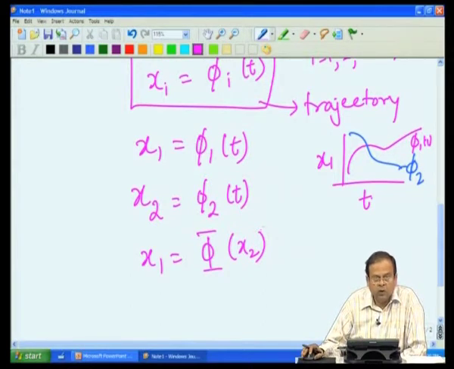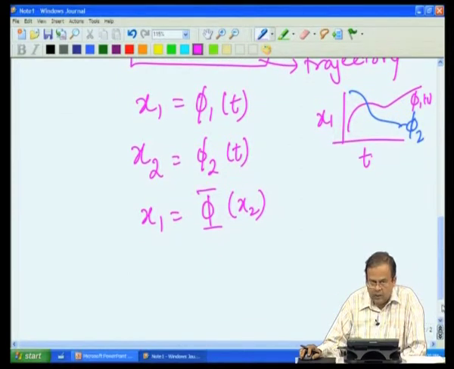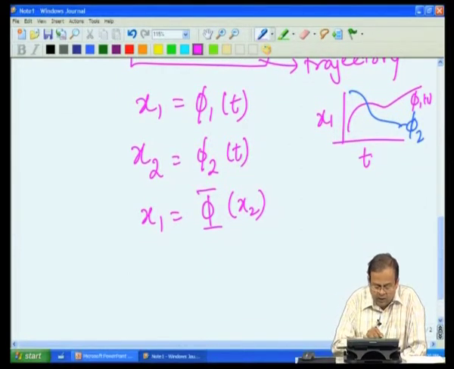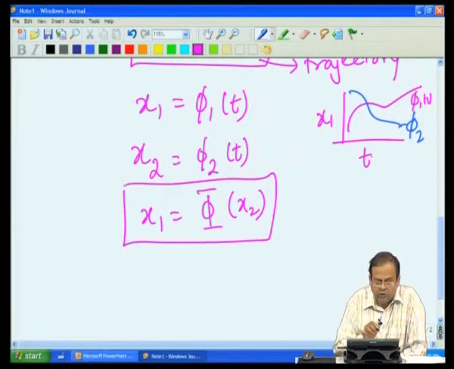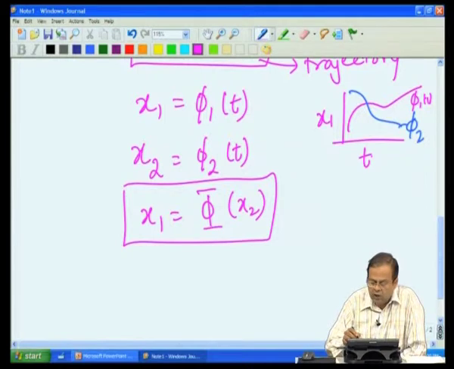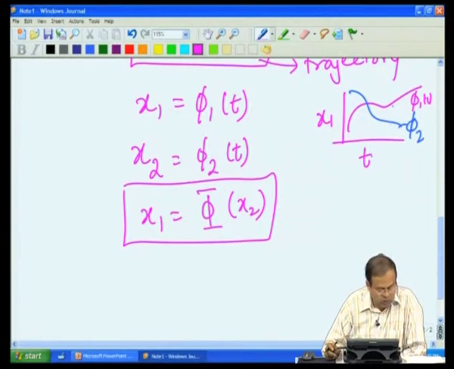A few definitions before we actually look at the definition of stability itself. All we have done in writing x1 as a function of x2 is, having known that x1 is phi 1 of t and x2 is phi 2 of t, I have just eliminated time and expressed x1 as some function of x2.